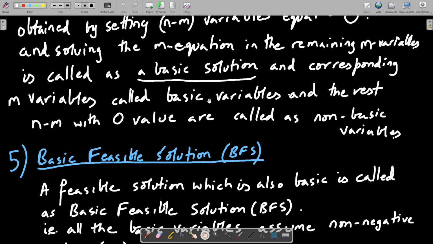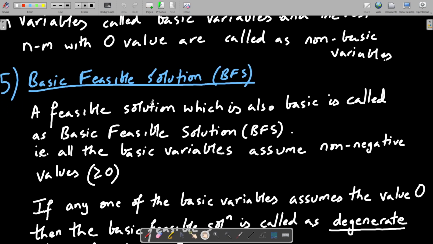And the corresponding m variables which are not marked as 0 are called the basic variables, and the remaining n minus m variables, which you had given 0 value, are called the non-basic variables. It might be possible that one of these m variables which you solved for also has the value 0. It might be possible. But the rest of them, n minus m, are surely 0, that I know.